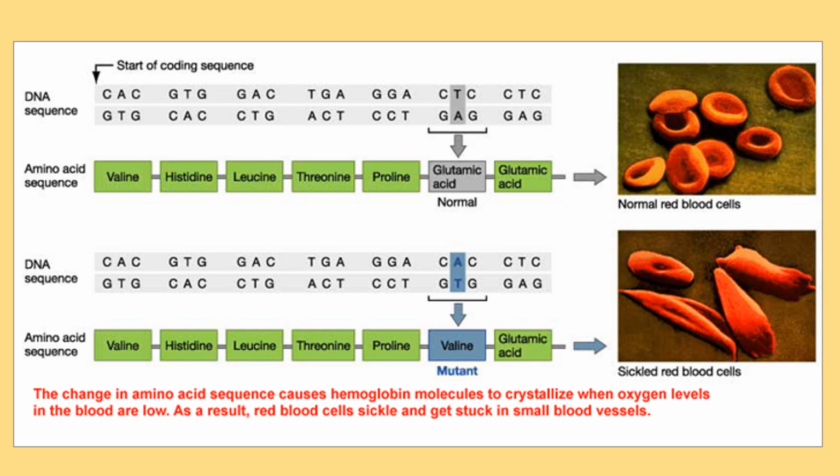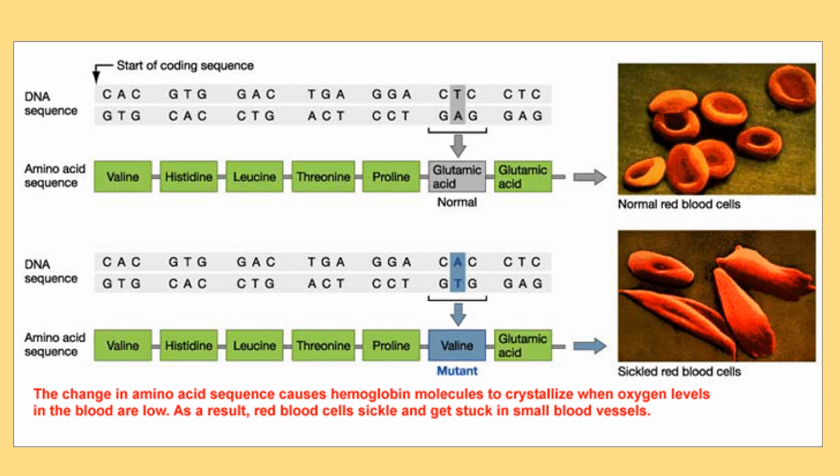We know what the changes in the DNA sequence are, and we know how those changes in the DNA sequence lead to a change in the primary structure of the polypeptide chain that gives rise to hemoglobin. So sickle cell disease is a genetic disorder that leads to a misshapen form of hemoglobin, and that misshapen form of hemoglobin can cause red blood cells to have a sickle shape, as seen in that lower image on the right.